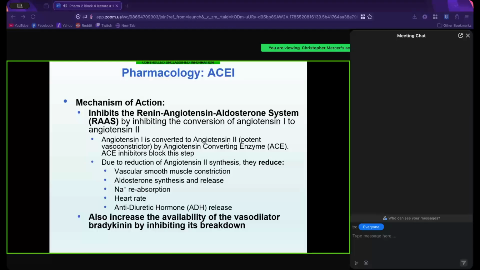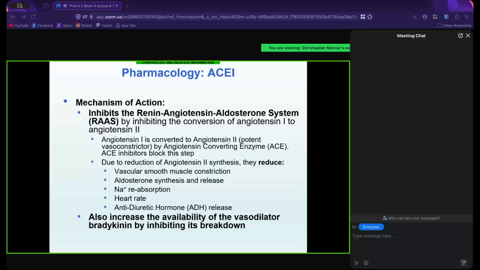So we're blocking all those actions that we mentioned of angiotensin II because we're blocking the enzyme that actually converts angiotensin 1 to 2. Remember, ACE is in the lungs, right? That's where it's mainly made. A little bit of ACE is made down in the kidneys, but mainly in the lungs.